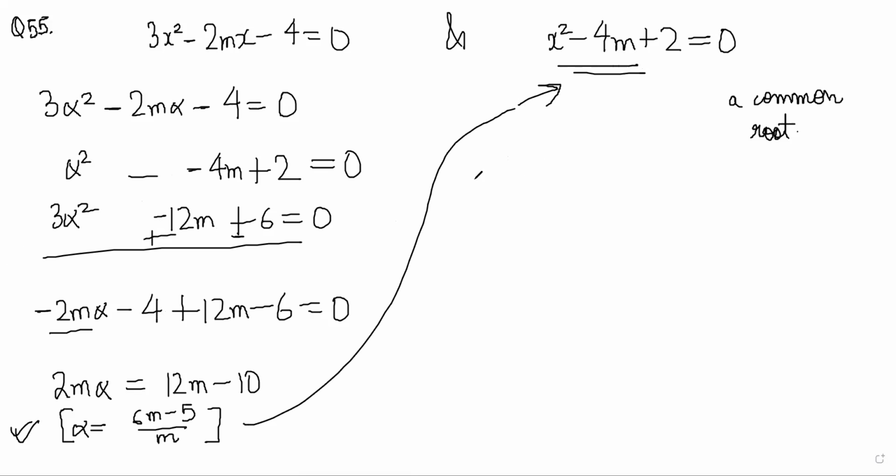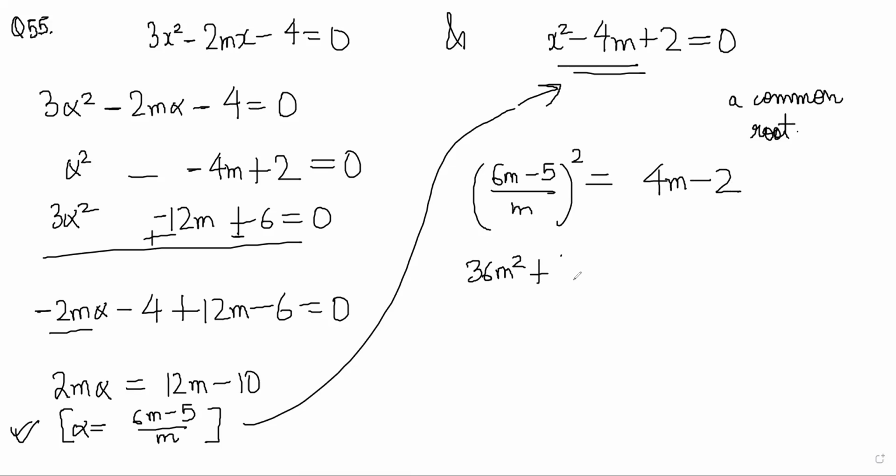So 6m minus 5 by m whole square should be equal to 4m minus 2. 36m square plus 25 minus 2 into 5 into 6, so 60m, should be equal to 4m cube minus 2m square.